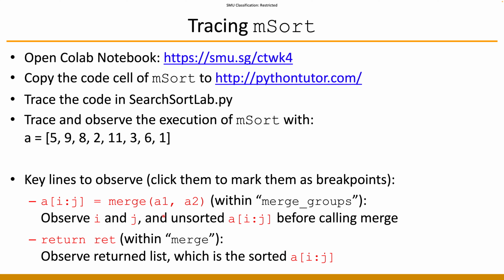Originally, you have a very clear division of A1 and A2, but after you execute this merge function, A1 and A2's range should become fully sorted. Right? So you'll overwrite the region from I to J. So try to observe how this happens, and of course, this is the return statement within the merge function.